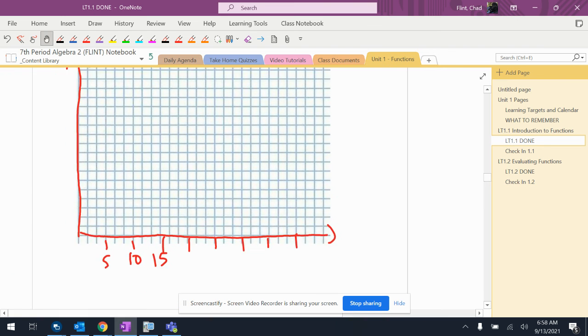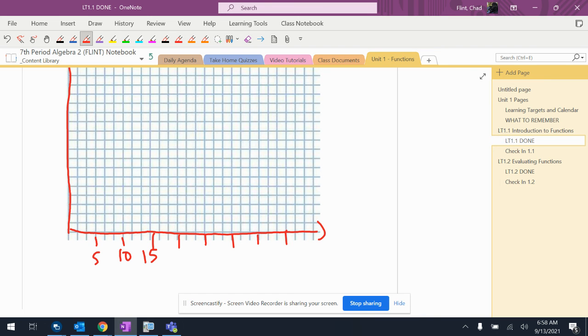So 5 is 5.5. 10 is 6. 15 is 6.5. 20 is 7. 7.5. 8. 8.5. 9.